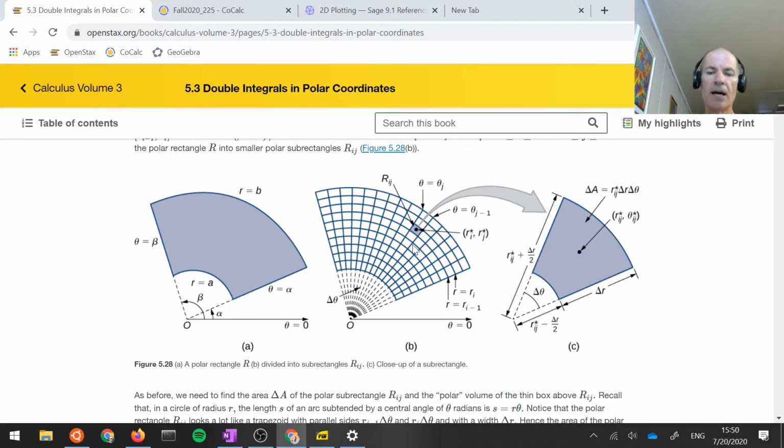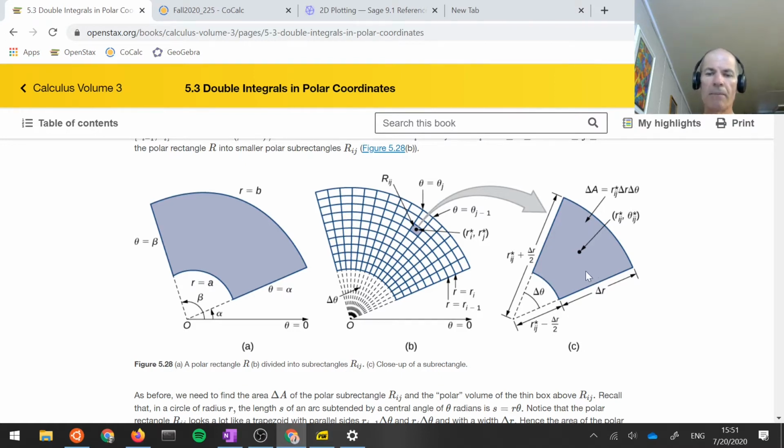When we chop up the plane like that, you get little wedges that look kind of rectangular, but if you zoom in on one, you see that the outer and inner edges are curvy, following the arcs of circles, and the left and right sides are straight, following the rays of the coordinate system.